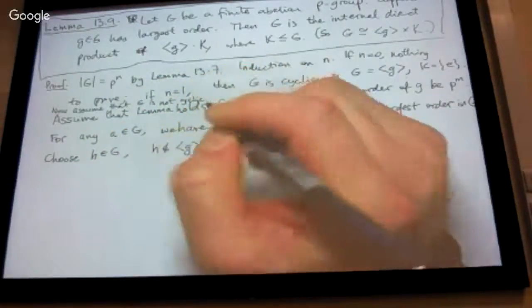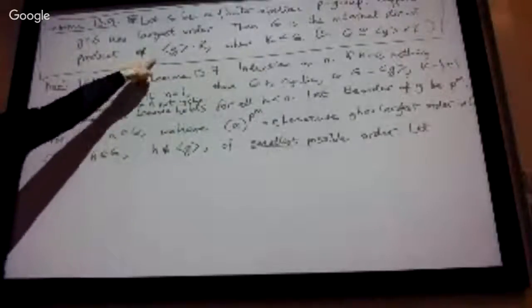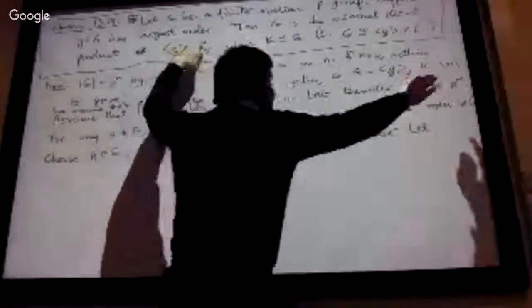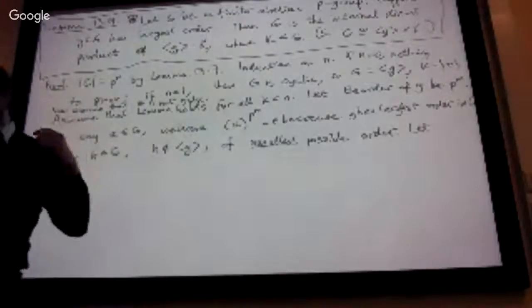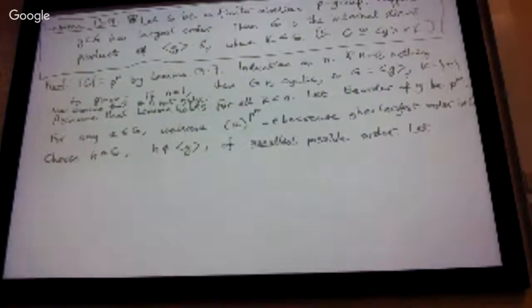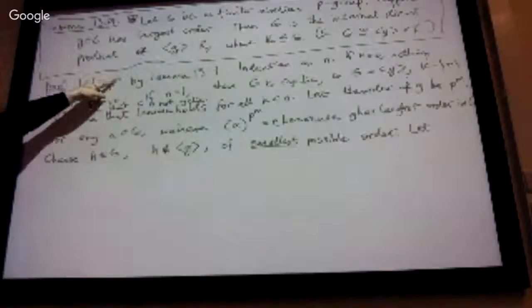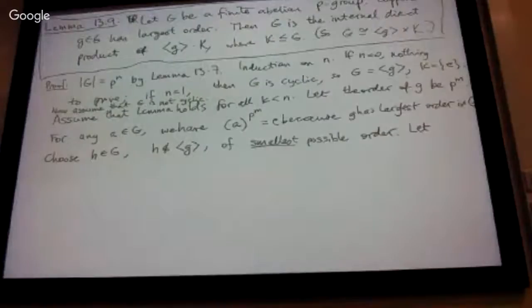If G is cyclic, you can take K to be that, and that's the whole group generated by a single element of it, which is always the case if the order is p to the power of some prime. So what we're assuming from now on until the end of the page is that G is not cyclic.